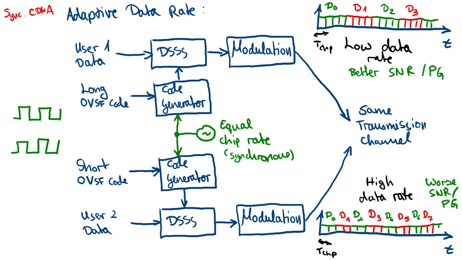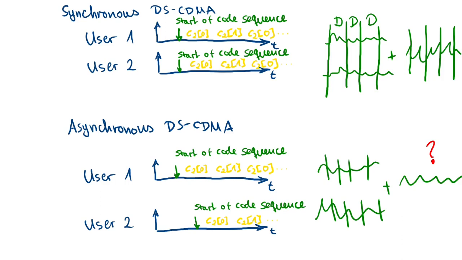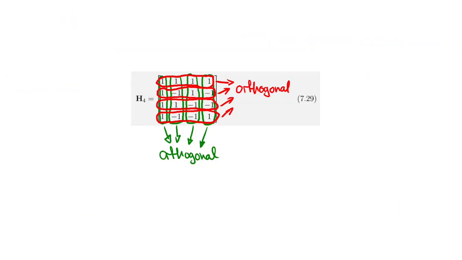So you don't get the property which you expected here. So then it will look different. So the green signal would have peaks here, and you won't be able to despread the 2 signals properly.